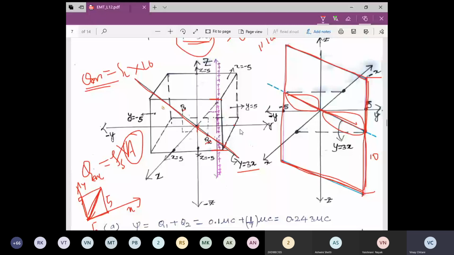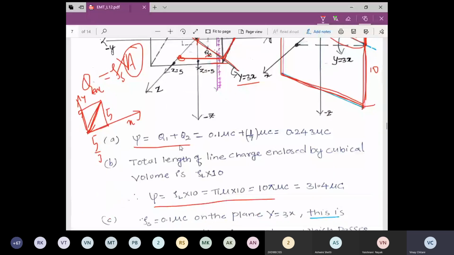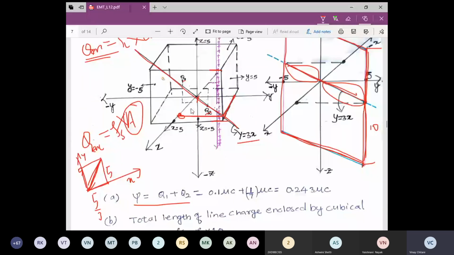When y equal to 5, I was interested to find the corresponding value of x. I solved it from y equal to 3x, got x and y, and applied the Pythagoras theorem to find this length. Obviously this length will also be the same as this length.